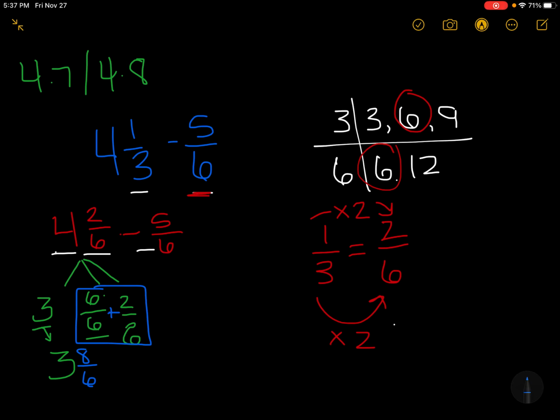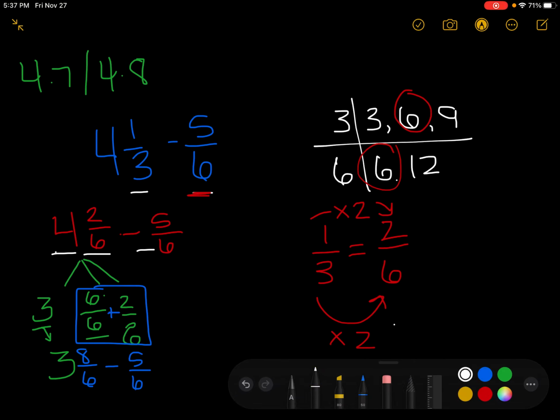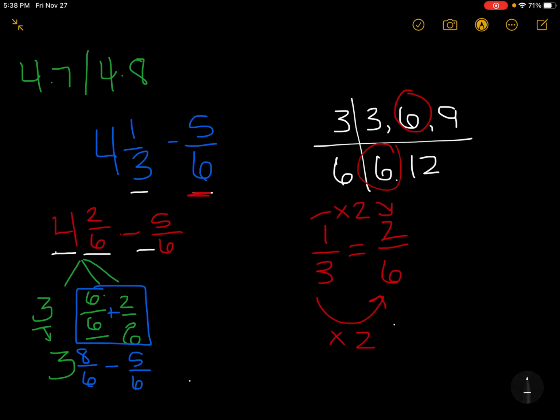And now I can actually subtract my 5/6. Now we look for our whole numbers. 3 minus nothing equals 3. 8/6 minus 5/6 equals 3/6. And with reducing, that would be 3 1/2.